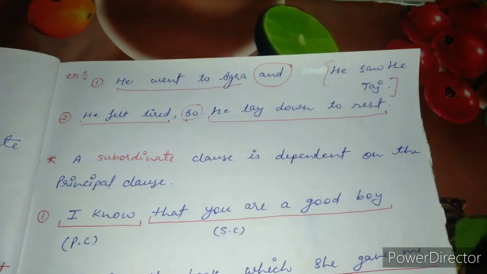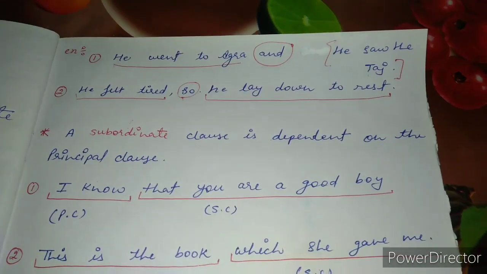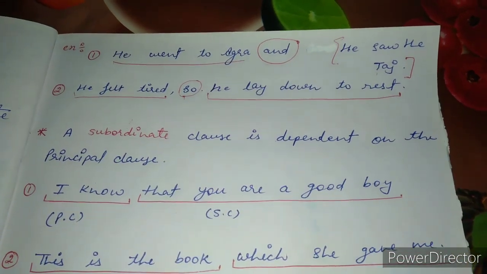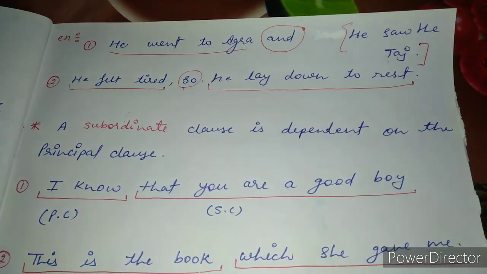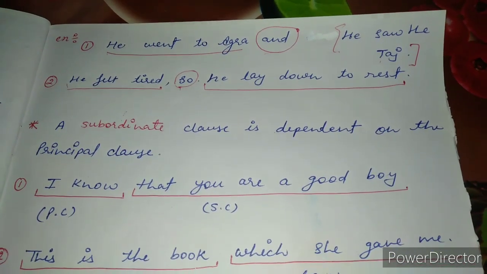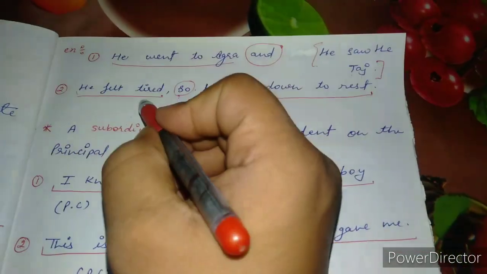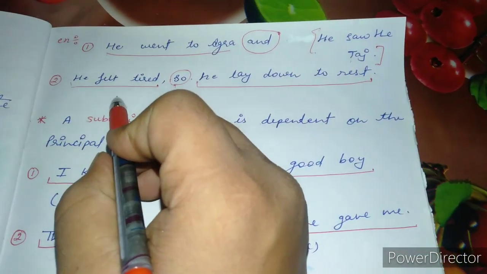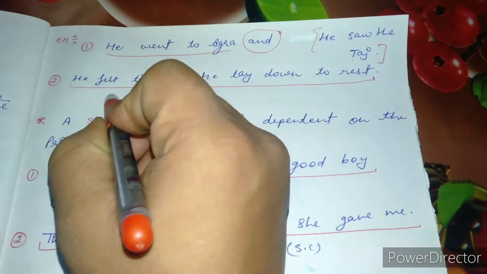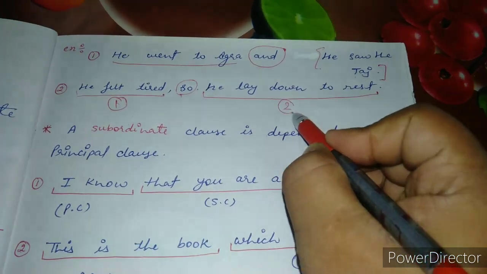What it means, children, if I talk about the conclusion, how you can discriminate principal clause and coordinate clause, you can very easily discriminate like this. Let me give you one trick. This is 1 and this is 2.